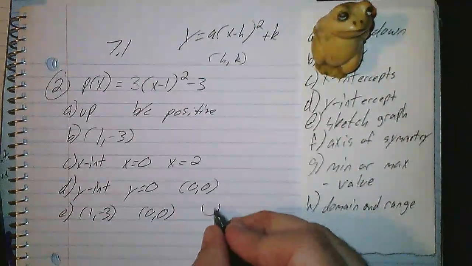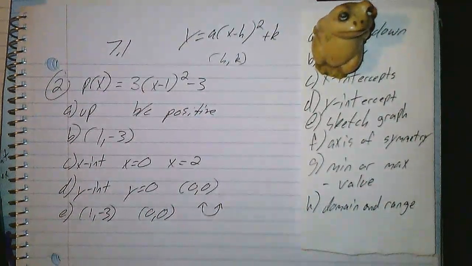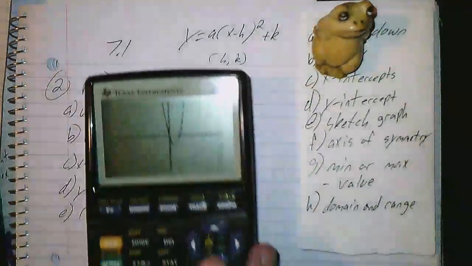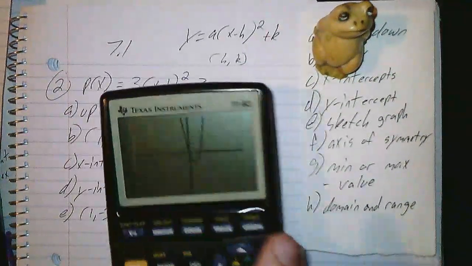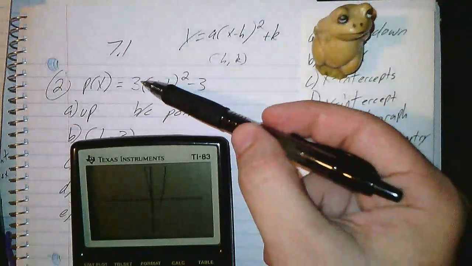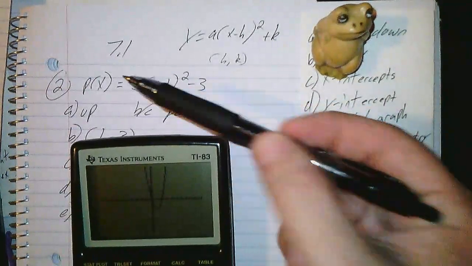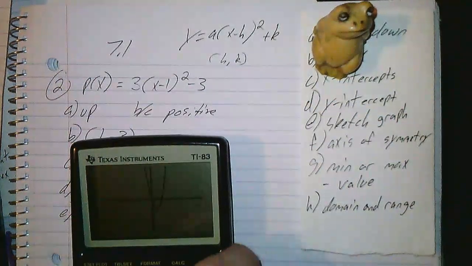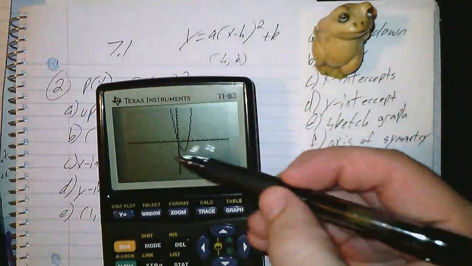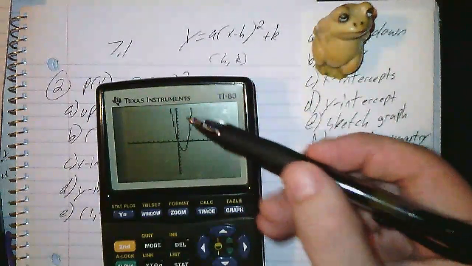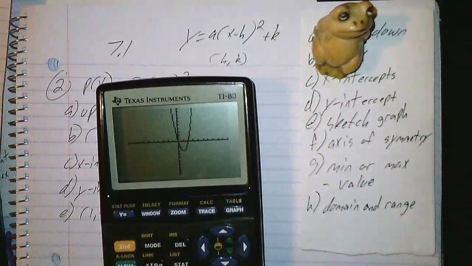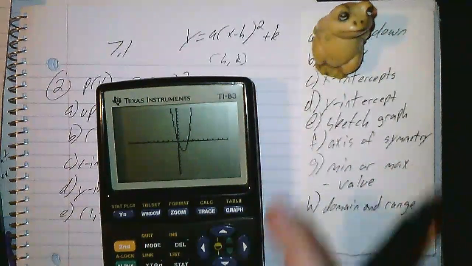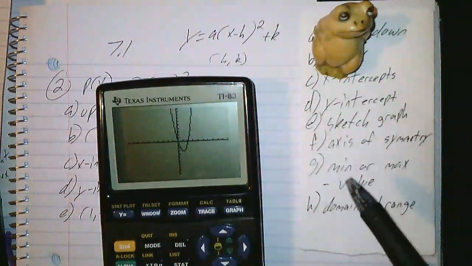Again, just pick up the parabola tool. Again, an a value that is greater than 1 will make it a kind of skinny graph. It stretches it vertically.